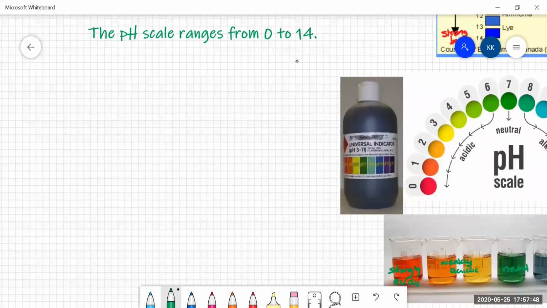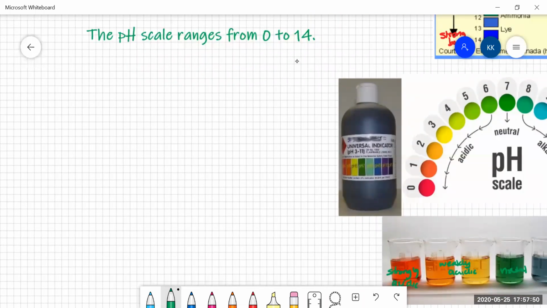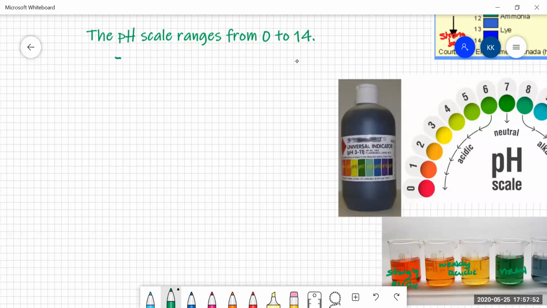The pH scale ranges from 0 to 14, so just remember 7 is neutral, pH less than 7 is acid, and pH greater than 7 is base.